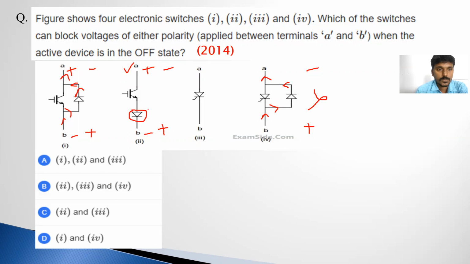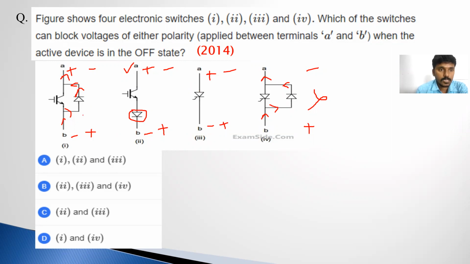But if you see the third one, if you apply the positive voltage, it can block the voltage until the gate voltage is applied. Also if you apply the reverse voltage, positive and negative, it can also block the voltage.